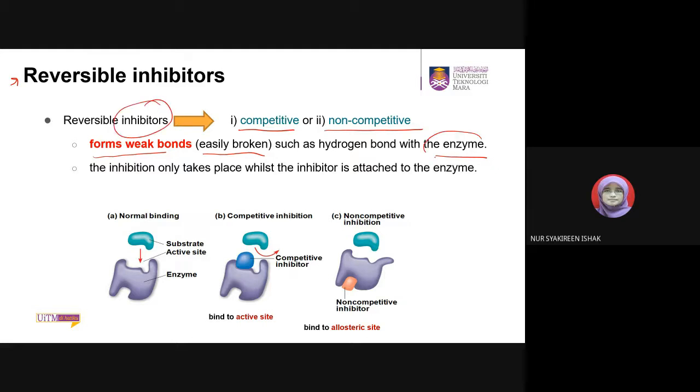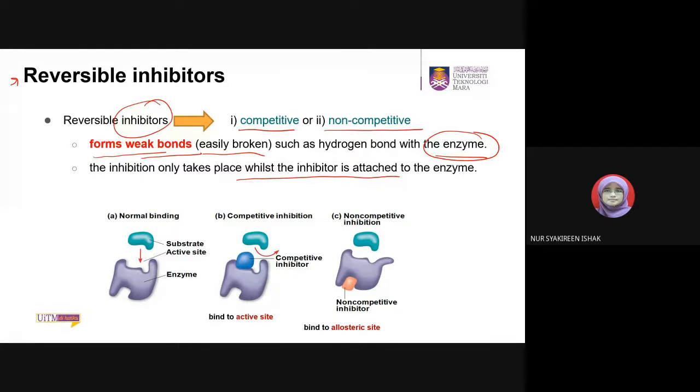So the inhibition only takes place whilst the inhibitor is attached to the enzyme. So the effects of reversible inhibitors are temporary.